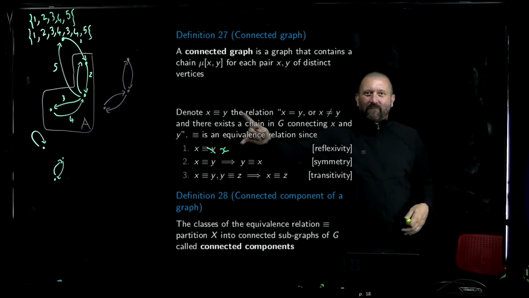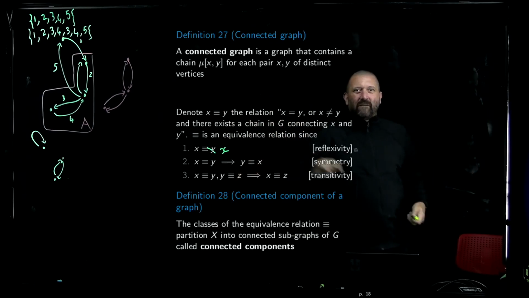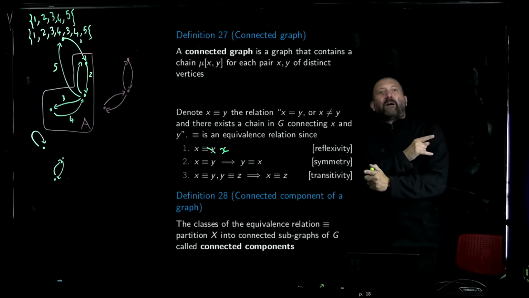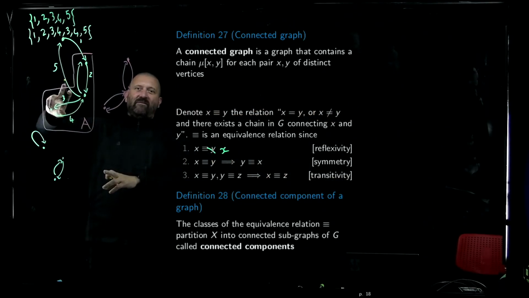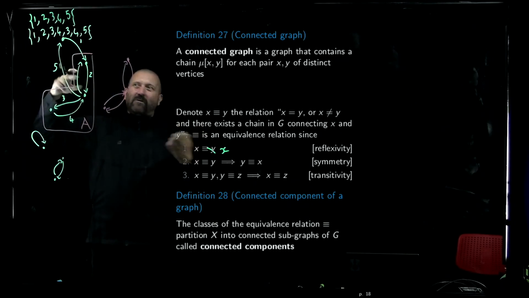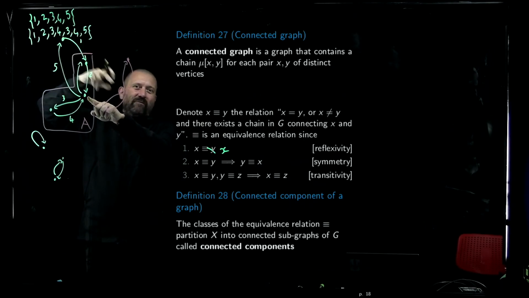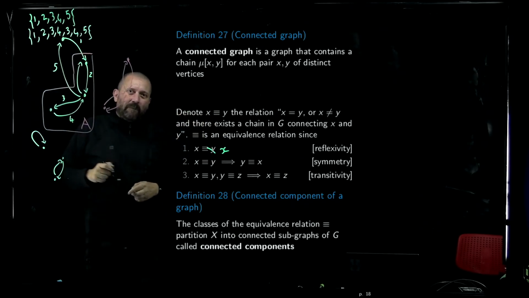Well, obviously from this definition, either x equals y, and this is what we have here, reflexivity. Symmetry: x is equivalent to y means that y is equivalent to x, which in terms of this means that if this one is connected to this one, in terms of being able to find a path from here, it means that this one is also connected to here.